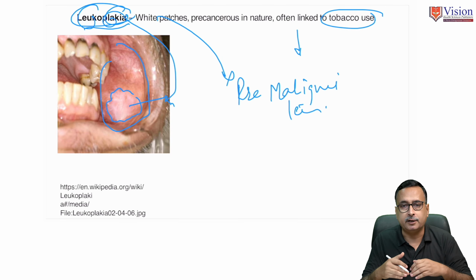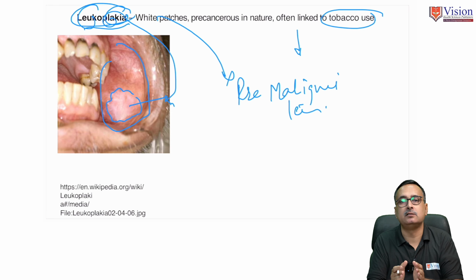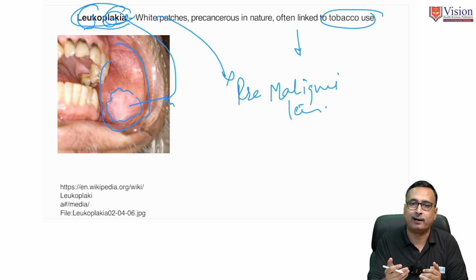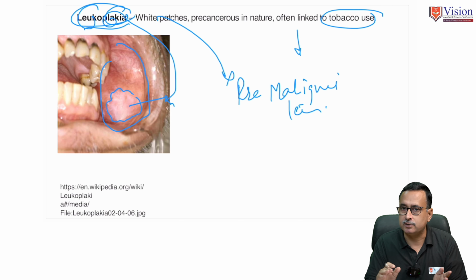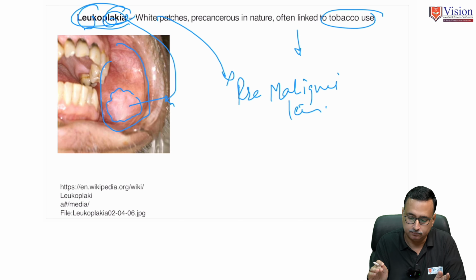It in itself is not a malignant or cancerous lesion, but if it is not treated well in time, or its causative factor is not discontinued, then it may in future go on to malignancy, that is carcinoma of oral epithelium.